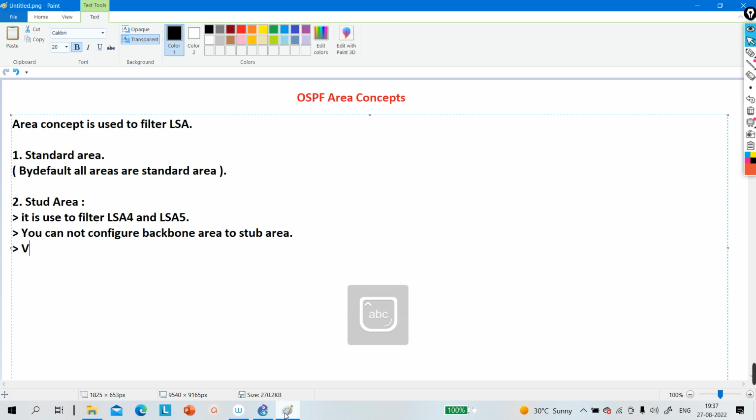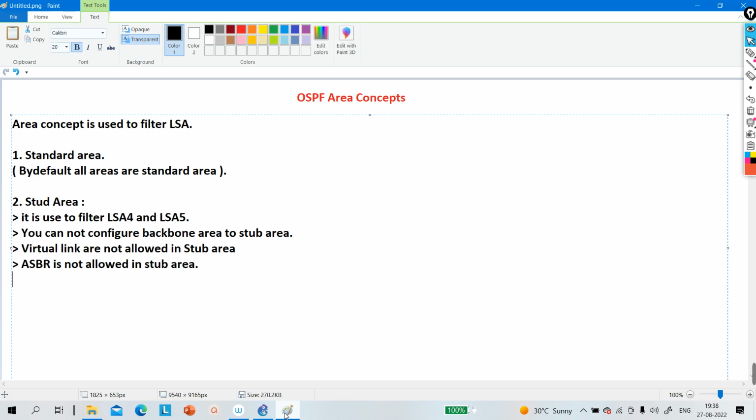So virtual links are not allowed in a stub area. Like in a stub area backbone routers are not allowed, in the same way virtual links are not allowed in a stub area, and an ASBR is not allowed in this area.